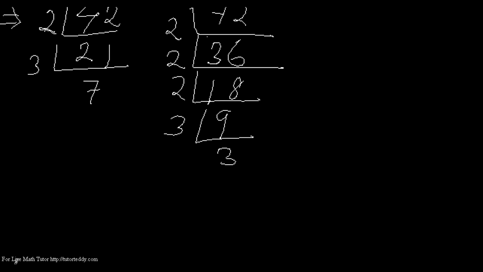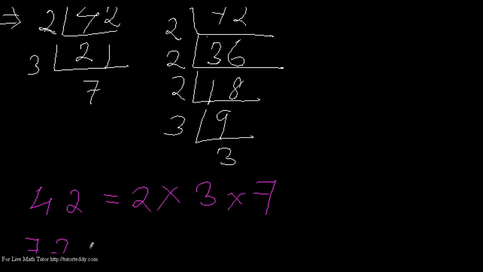Then I can write 42 equals 2 into 3 into 7, and 72 equals 2 into 2 into 2 into 3 into 3.